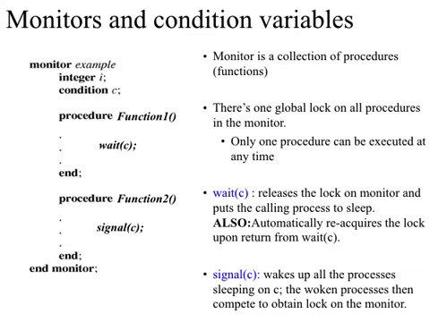Essentially, by associating a lock with a set of routines, or several pieces of code, we are controlling access to the shared resource on which these routines operate. In this example, maybe the integer I is a shared resource that function 1 and function 2 want to operate on.